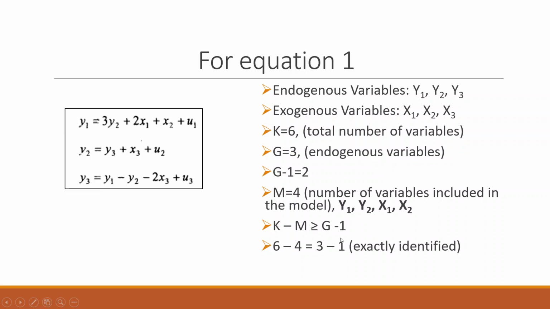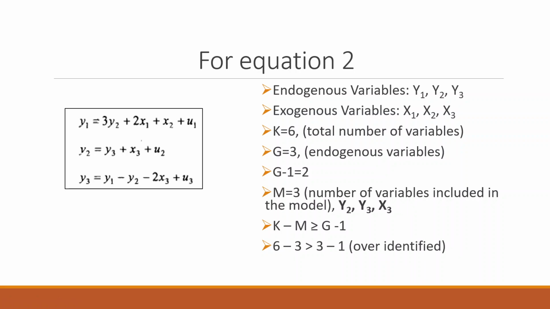Now I will use the equation K minus M greater than or equal to G minus 1. So 6 is the total number of variables, M is 4, that is how many variables are there in a particular equation, and G minus 1 is 3 minus 1. So 2 is equal to 2. It's an exactly identified case.